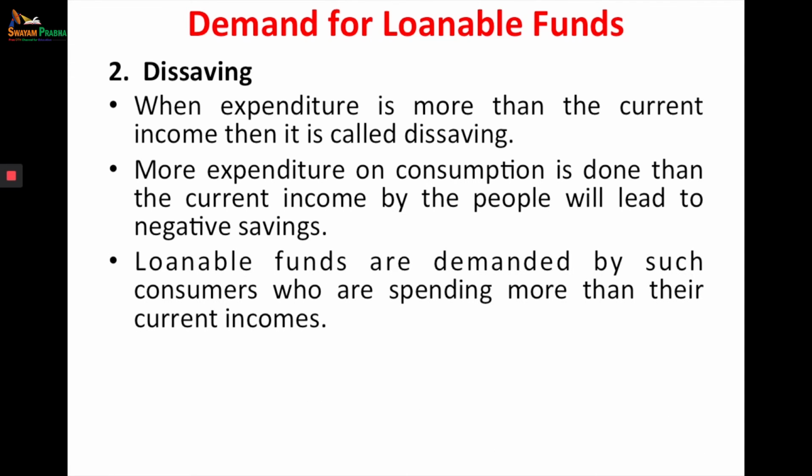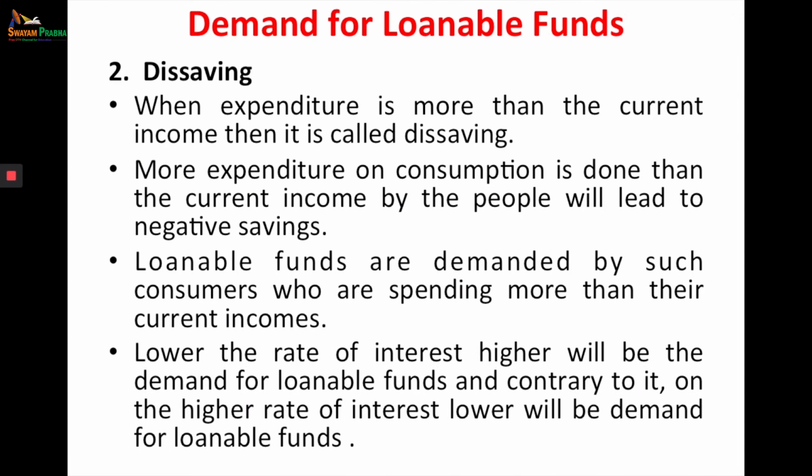Loanable funds are demanded by such consumers who are spending more than their current income. The demand for loanable funds according to the new classical: lower the rate of interest, higher will be the demand for loanable funds, and contrary to it, higher the rate of interest, lower will be the demand for loanable funds.